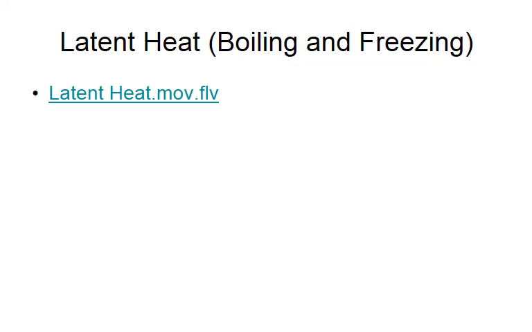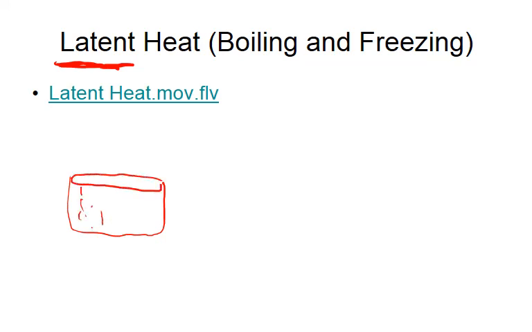When we talk about latent heat, or hidden heat, this is a really important idea when we're talking about phase changes. If we have a substance, let's say a pot of water, and we heat it up, there's a point at which it gets to the boiling point, and at sea level that's 100 degrees Celsius. If you put a thermometer inside the water, even after you keep heating it, the temperature doesn't increase.